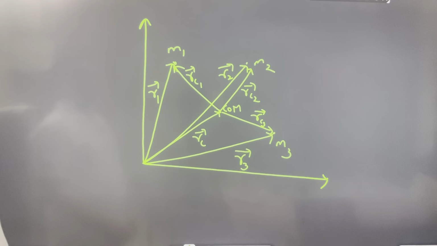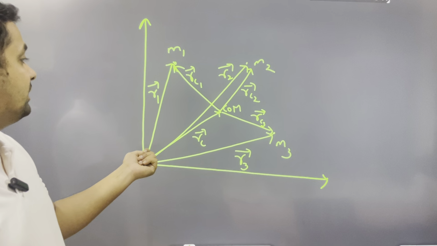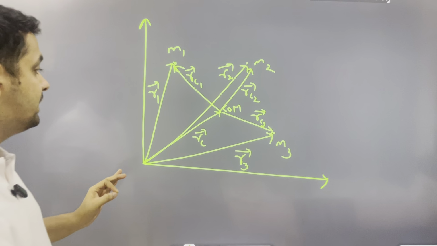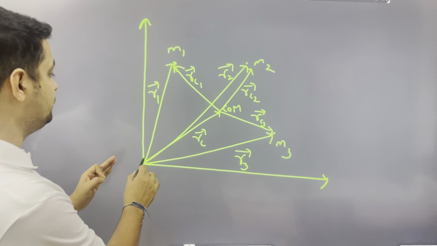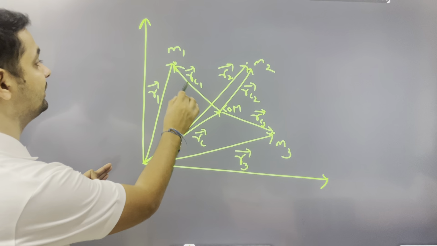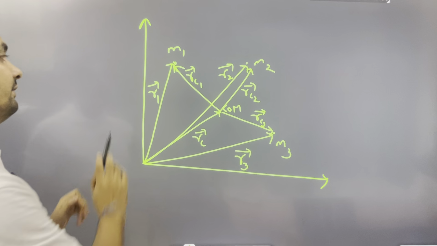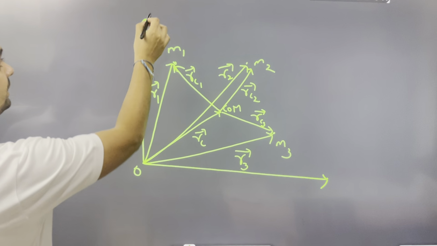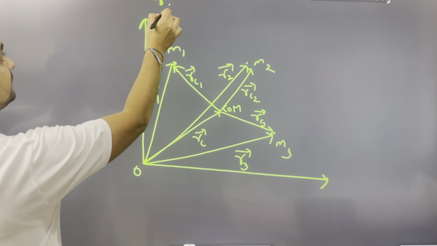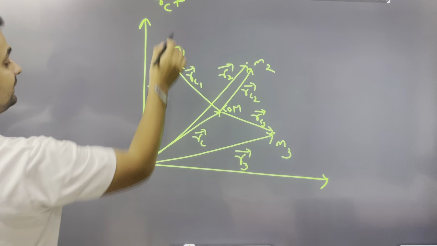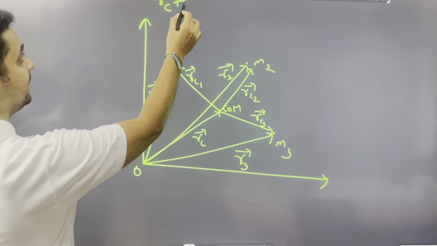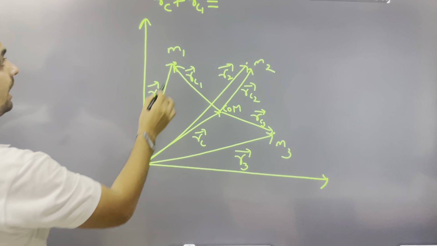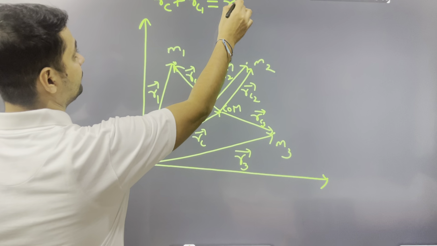So how can I write rC1 vector in terms of rC vector and r1 vector? We will use the triangle of vector addition. According to the triangle of vector addition, rC vector plus rC1 vector equals r1 vector.